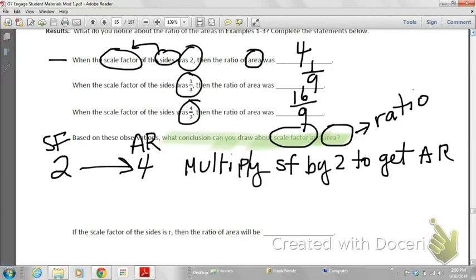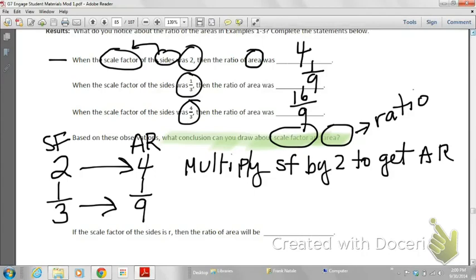Now let's check that relationship. So how about 1/3 and then 1/9? All these have to have the same exact relationship. So let's test this from 1/3 to 1/9. Can we multiply scale factor by 2 to get the area ratio?